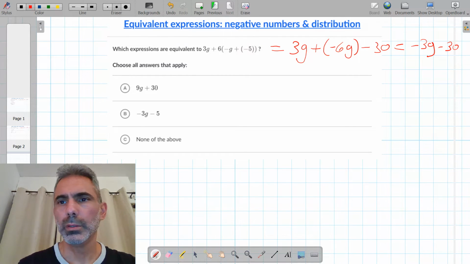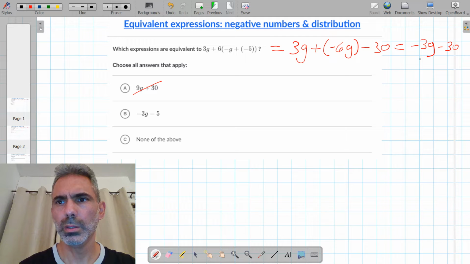Okay, so here 9g plus 30. So this is incorrect. And minus 3g minus 5.